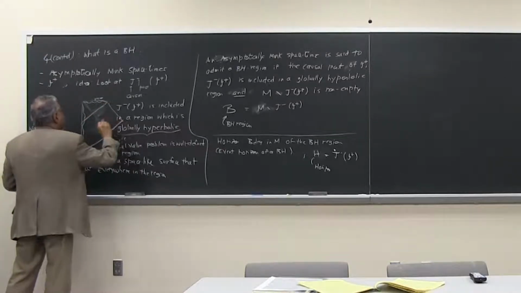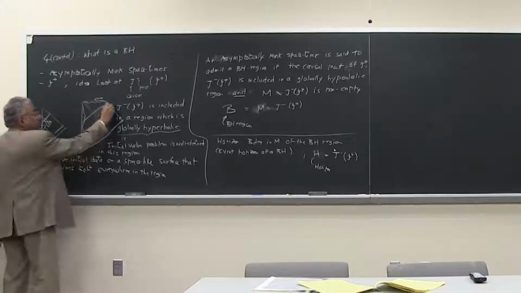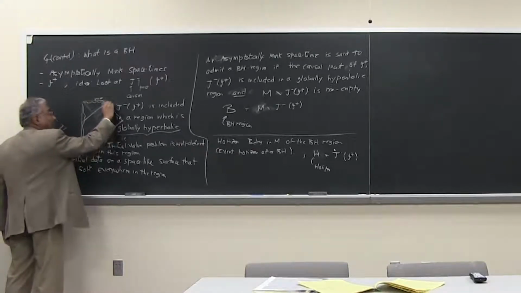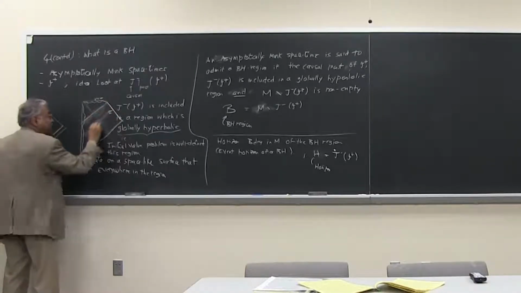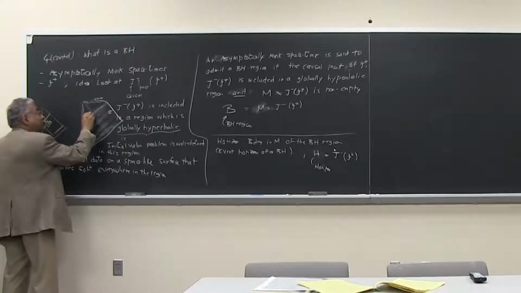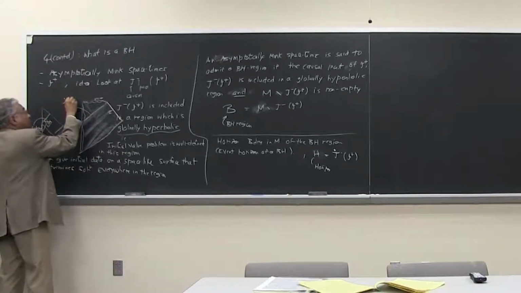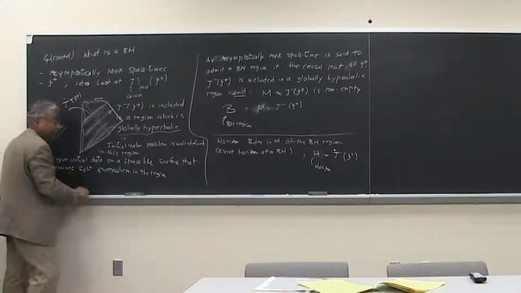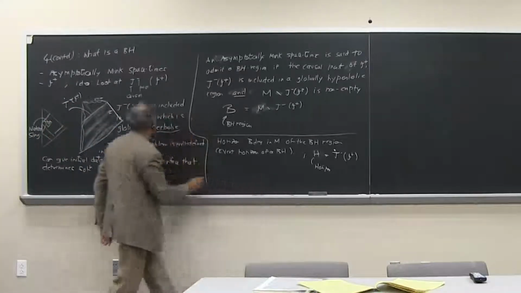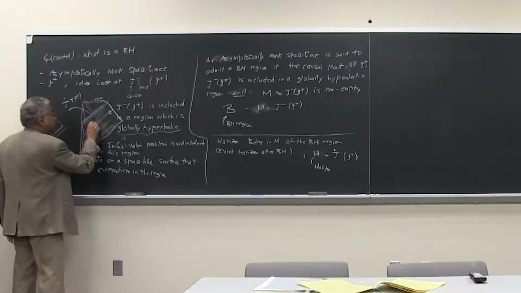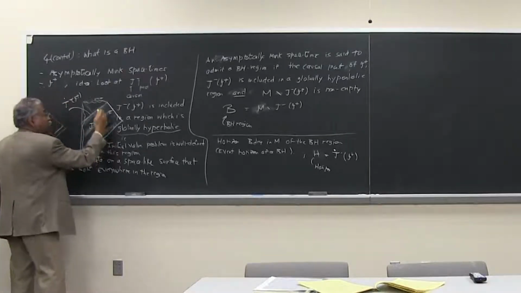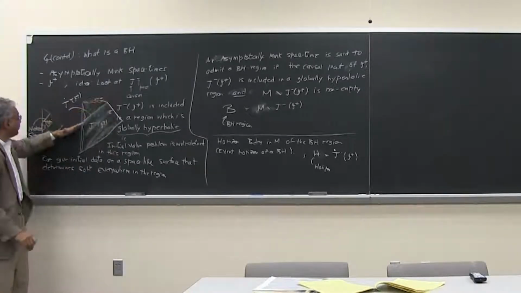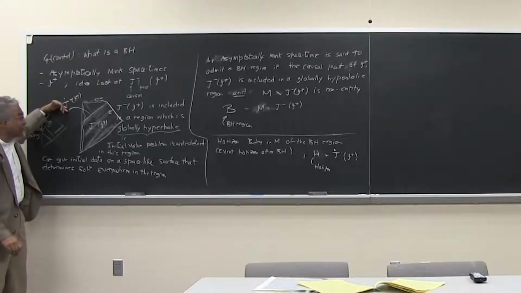So the statement up here would be that this is scri plus. The past of scri plus is this region, J minus of scri plus, and we look at its boundary, and that is the horizon in this case.